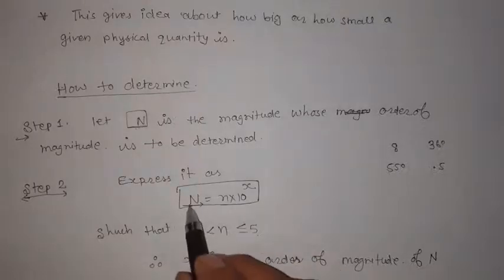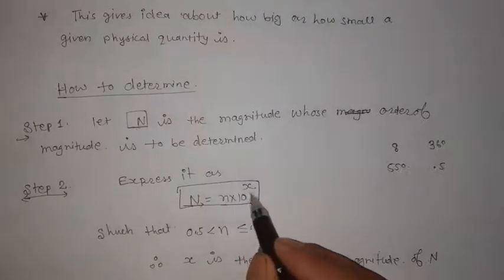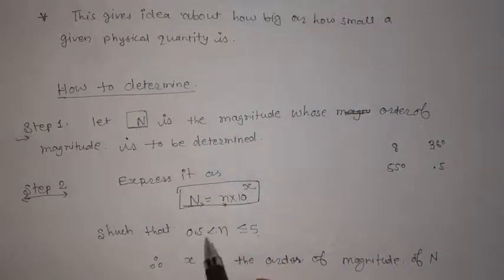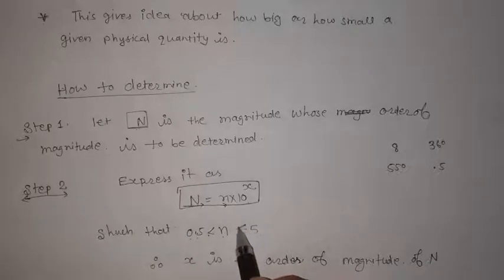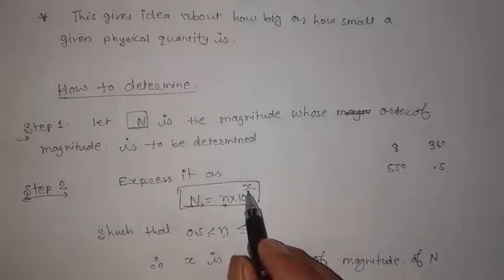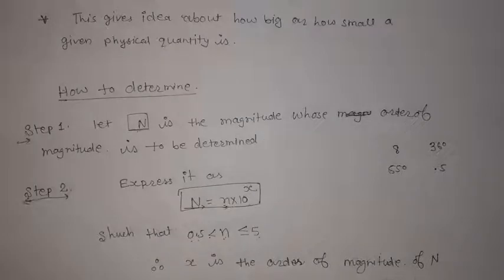So I have expressed the given number as n into 10 to the power x. Here this small n must be greater than 0.5 and smaller than or equal to 5. ठीक है, तो जो n की वैल्यू है वो 0.5 से तो ग्रेटर होनी चाहिए और जो 5 से ये या तो इक्वल या फिर उससे लेस देन होनी चाहिए. So at that moment, whatever it is, the power of 10 is said to be its order of magnitude.